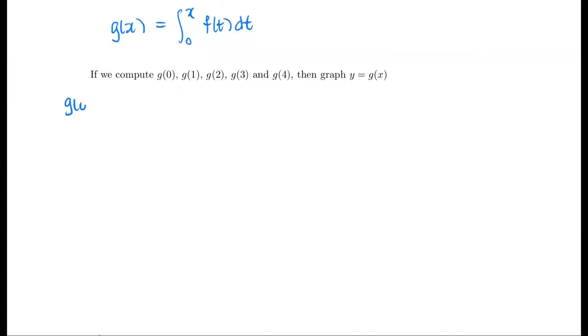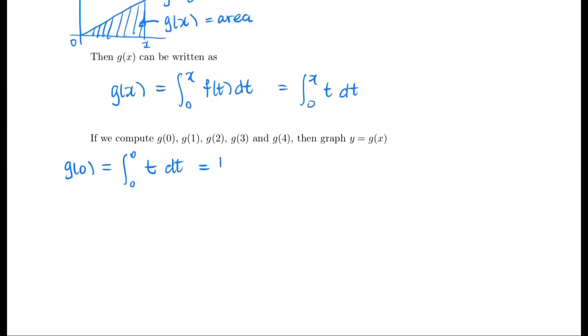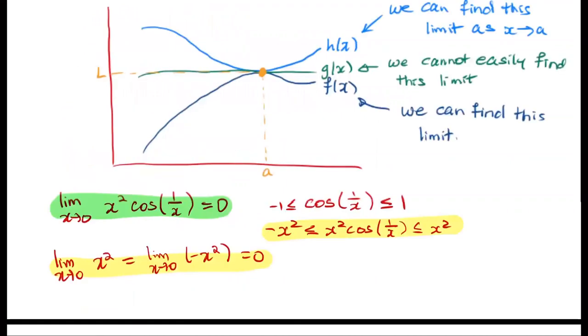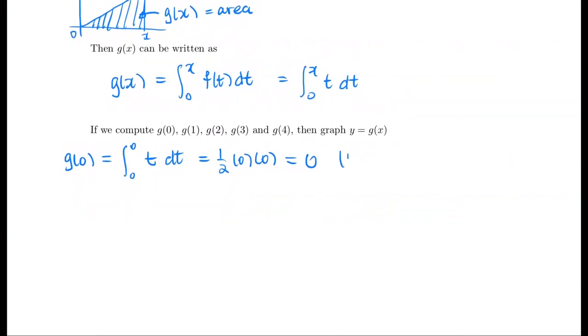So we have g of 0, which is the integral from 0 to 0 of t dt. The integral of t dt is just going to be one half t squared, evaluated from 0 to 0, which gives you an area of 0, and that's by one of the properties that we have talked about, property number 9.